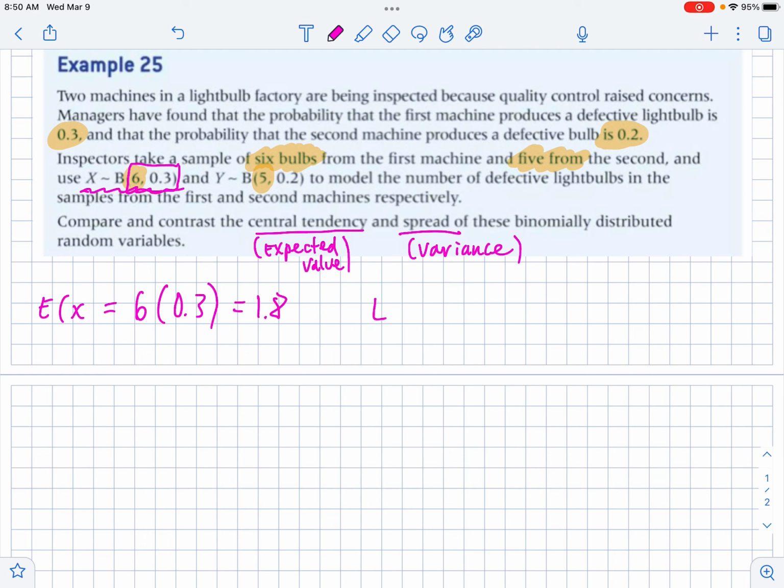The expected value, sorry, fix that. The expected value of Y, not X, come on, is 5 times 0.2, which turns out to be 1. So these are the measures of central tendency. They're kind of like an average.